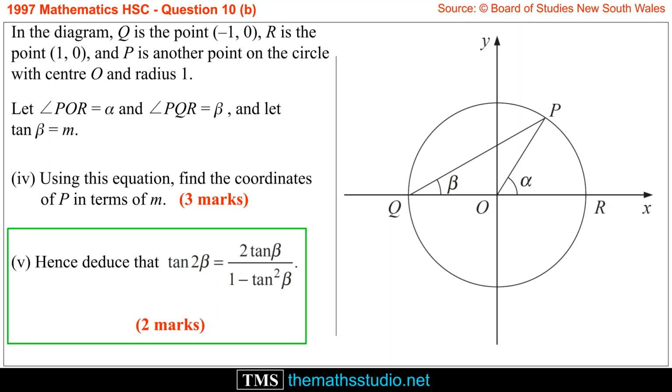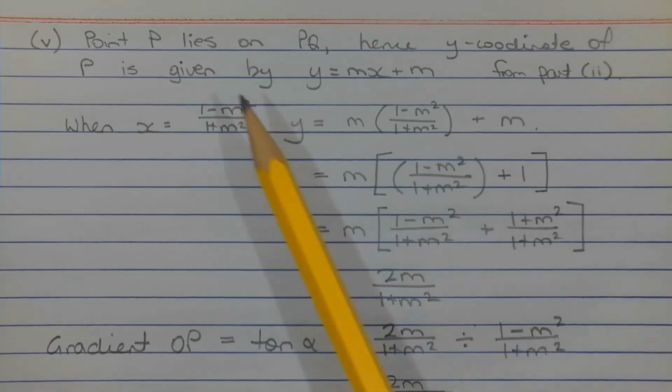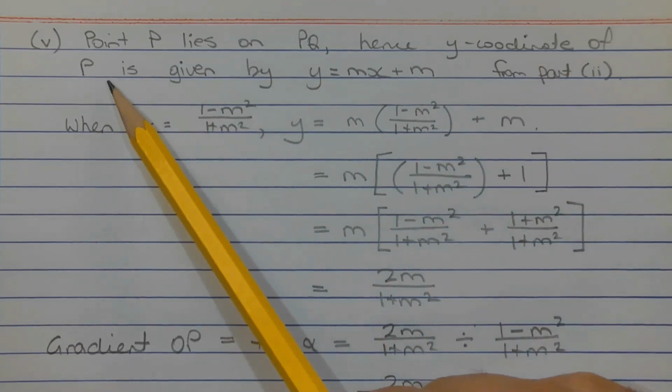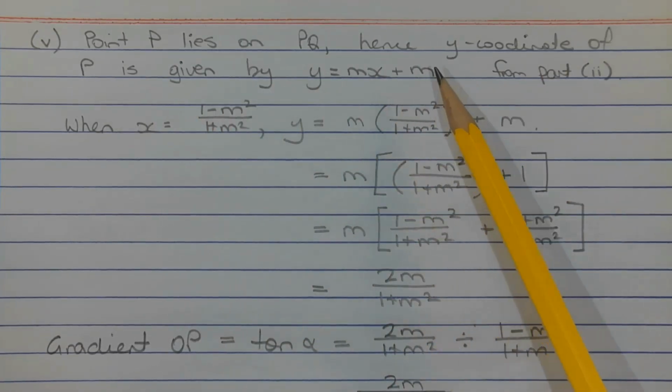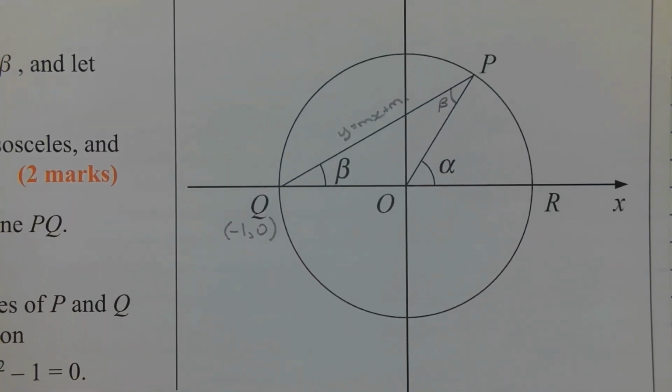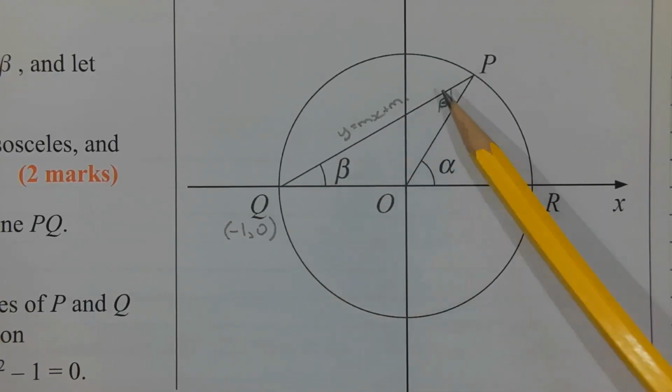Part 5. Hence deduce that tan 2 beta equals 2 tan beta over 1 minus tan squared beta. The point P lies on PQ, hence the y-coordinate of P is given by y equals mx plus m, which we found in part 2. So going back to the diagram, there's line PQ, it has equation y equals mx plus m, and point P lies on PQ.